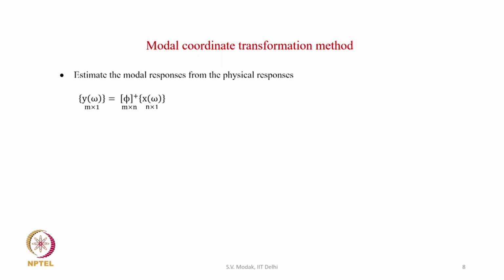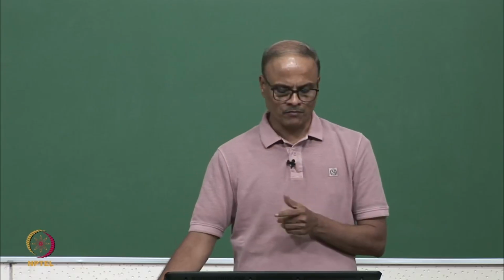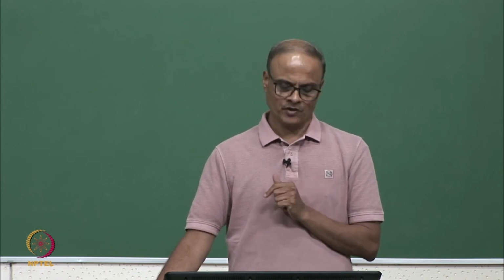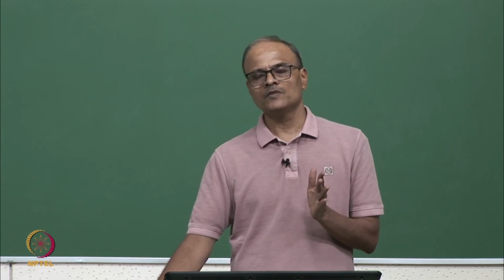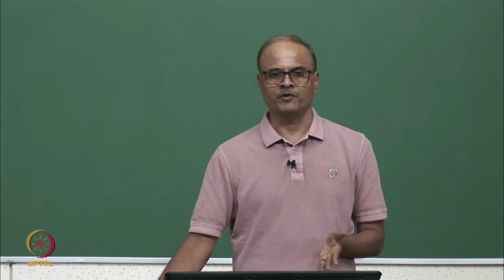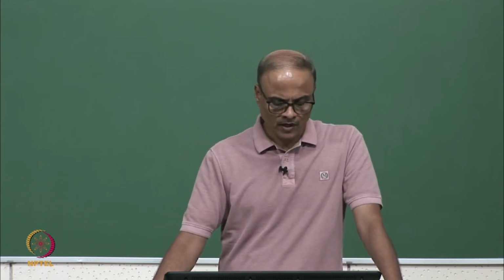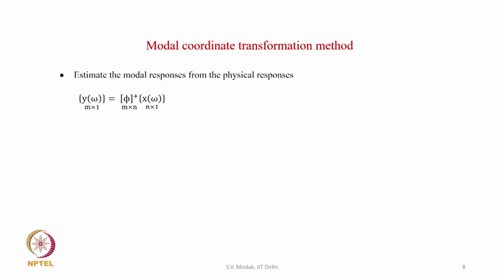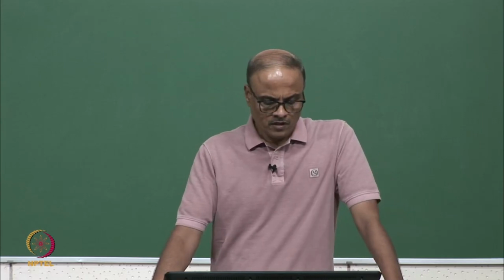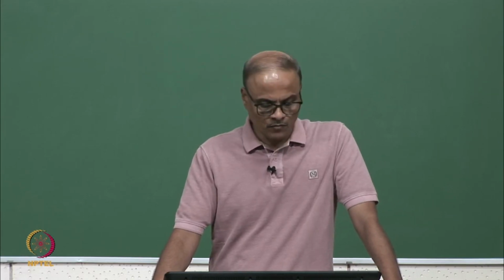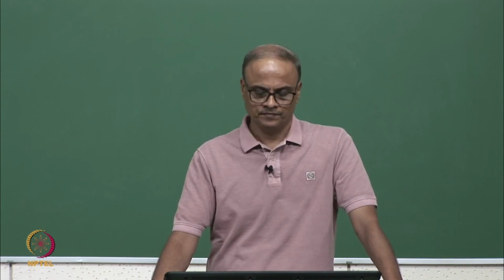If I know x, how do I find y? That is the problem of identifying modal responses. By taking the pseudo inverse of the mode shape matrix, we get the vector y equal to the pseudo inverse of phi multiplied by the vector of responses x. To have an accurate estimate of modal responses, the small n should be more than the number of modes m, or the number of modal responses.